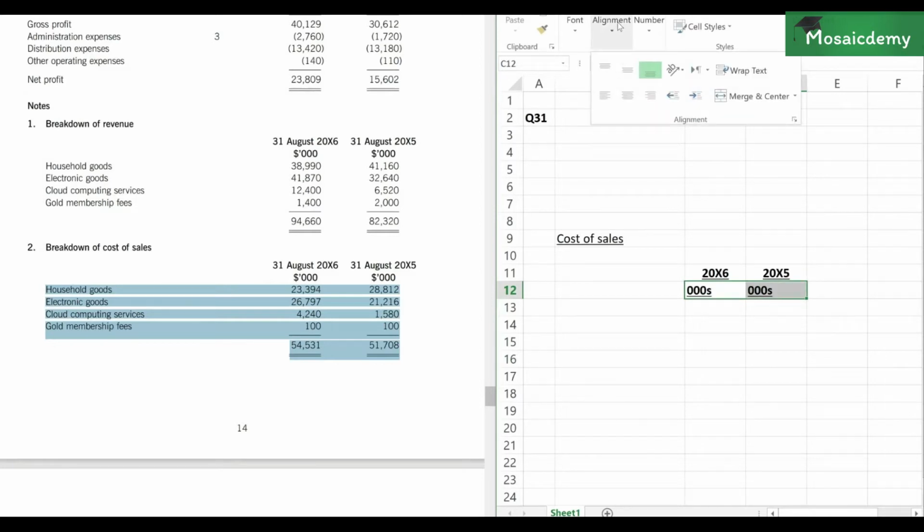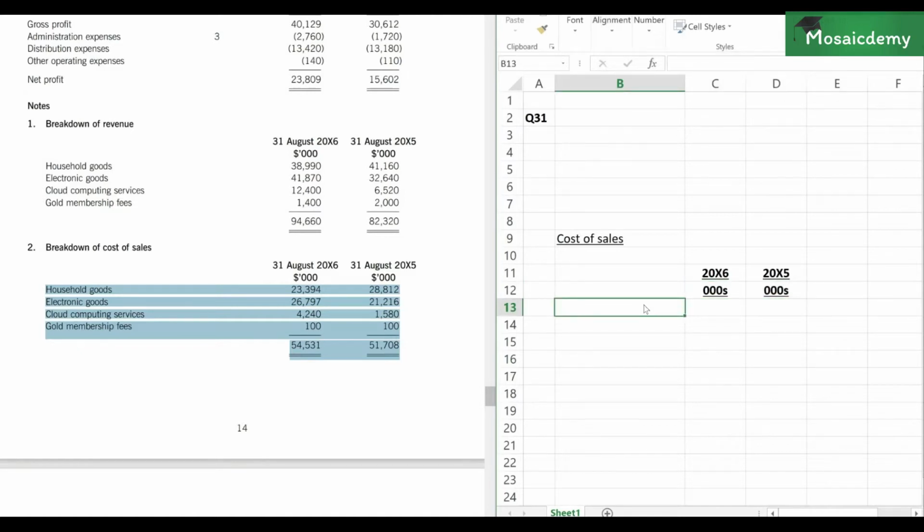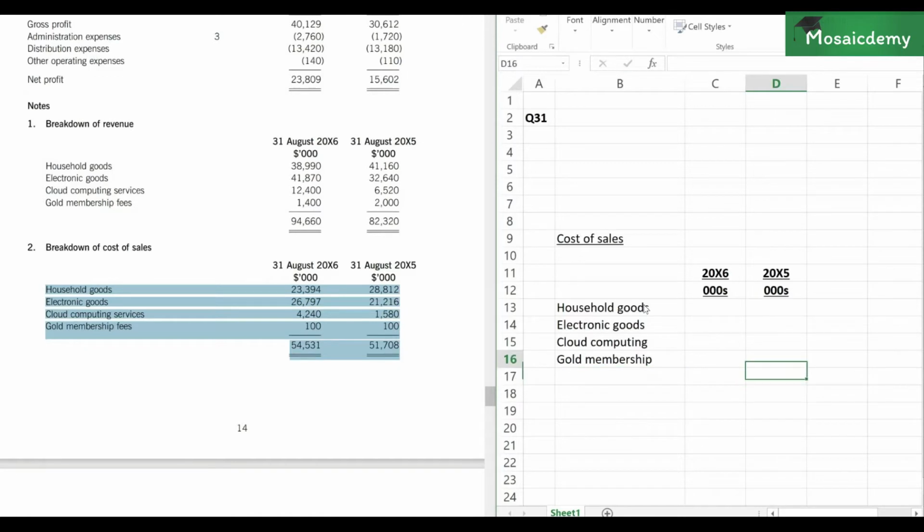Now we'll calculate the percentage change in each of these categories so that we can make all our points down below in this subheading. So we have household goods, electronic goods, cloud computing, and gold membership. And we'll have a column for the percentage change in all of these.